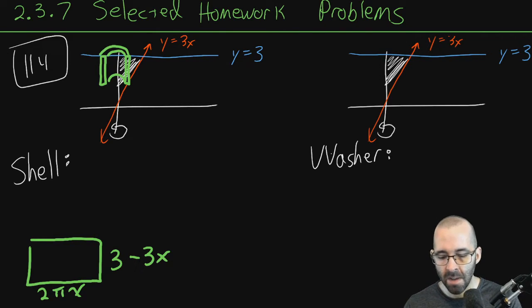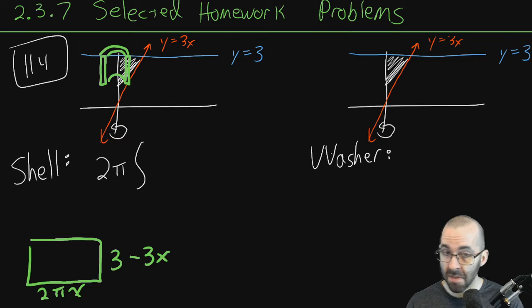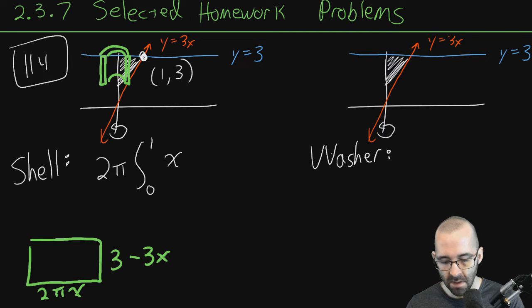So we just add up infinitely many of these, and we get the volume is 2 pi integral in terms of x here. x is going from 0. This is the point 1 comma 3, I believe. So x is going from 0 to 1.